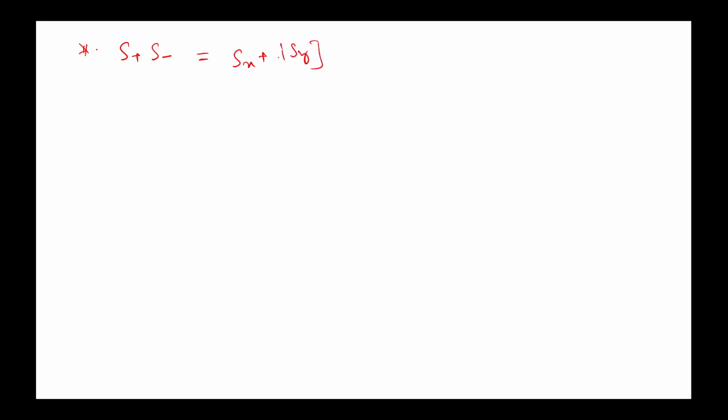Sx plus i Sy times Sx minus i Sy. So that is Sx square. Then you have Sy square, since plus times minus is minus, and i square is minus 1. So you are left with Sy square, and here you have i Sy Sx and minus i Sx Sy.